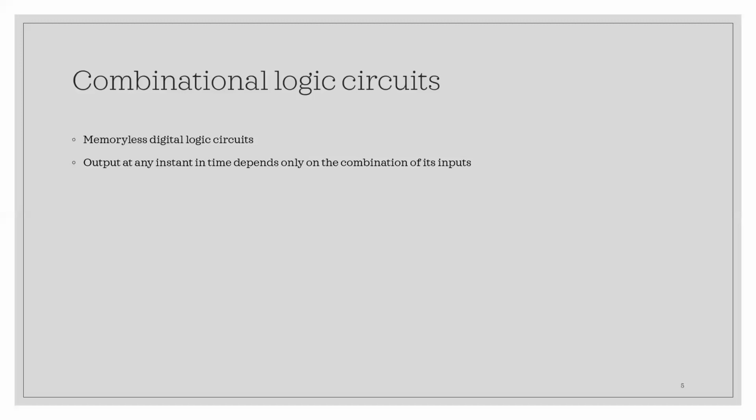So it only depends on the present inputs which are given to the circuit, and it doesn't depend on the previous state. Because of this, the system does not require any memory, and therefore we can specify that it is a memoryless digital logic circuit.